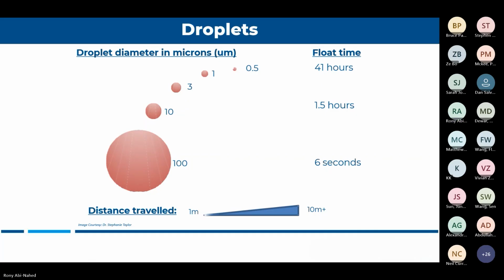Specifically, there was a doctor called Stephanie Taylor who did a lot of studies on this, and her finding is that if it's dry in the air, the virus can stay floating for 41 hours before it drops to the ground. The virus diameter is so small, about half a micron, that it can infiltrate easily into our bodies.